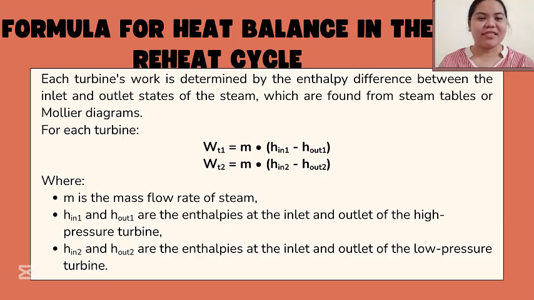For each turbine, we have the formula: work of turbine 1 is equal to m times (h_inlet1 minus h_outlet1), and work of turbine 2 is equal to m times (h_inlet2 minus h_outlet2), where m is the mass flow rate of steam, h_inlet1 and h_outlet1 are the enthalpies at the inlet and outlet of the high-pressure turbine, and h_inlet2 and h_outlet2 are the enthalpies at the inlet and outlet of the low-pressure turbine.